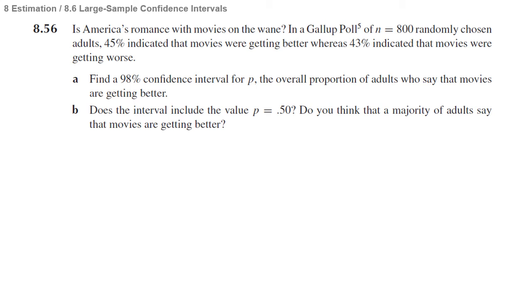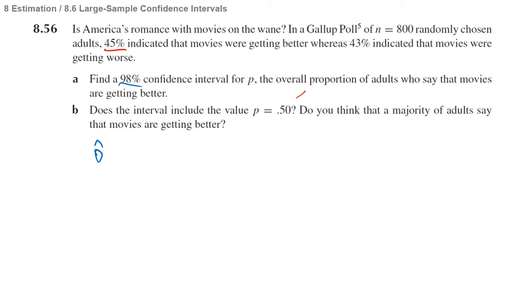Find the 98% confidence interval for p, the overall proportion of adults who say that movies are getting better. So 45% indicated that movies are getting better.